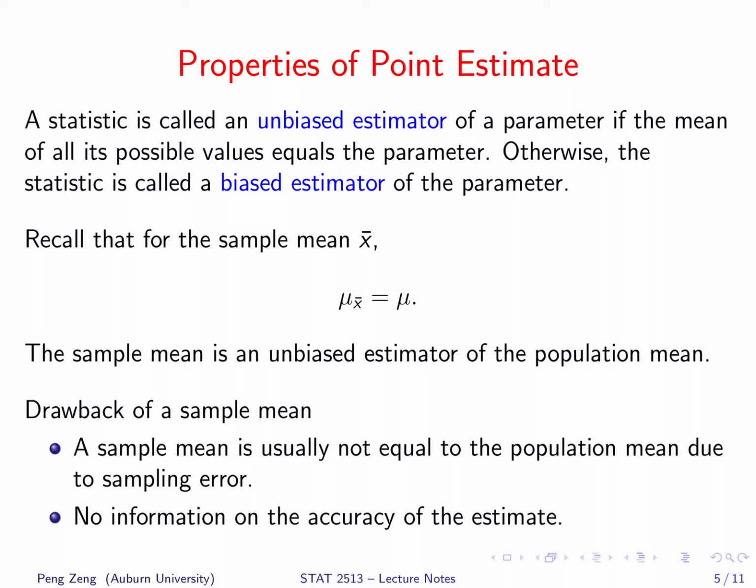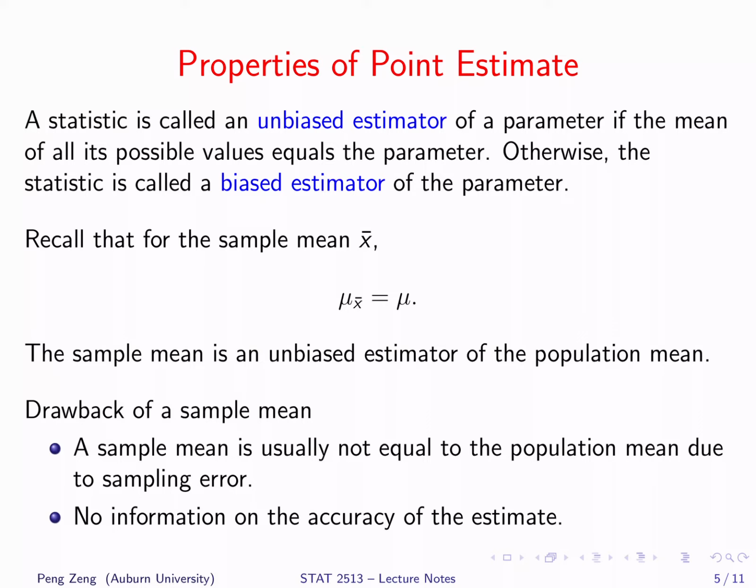Because a statistic is random, we can calculate its mean. We have discussed before that the mean of sample means is mu, the population mean. According to the definition, the sample mean is an unbiased estimate. If the mean of the statistic is not equal to the parameter, this statistic is called a biased estimator of the parameter.